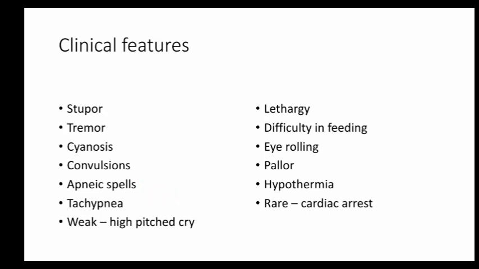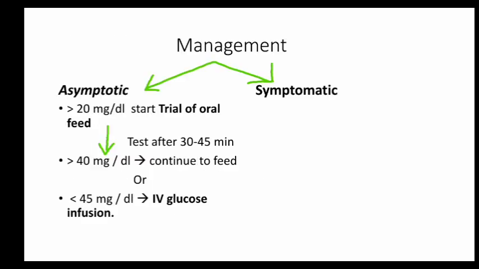Cardiac arrest can also be present, but it is rare. The main clinical features start from pallor, lethargy, and then seizures, convulsions, tremor, and tachypnea. These are all the clinical features.